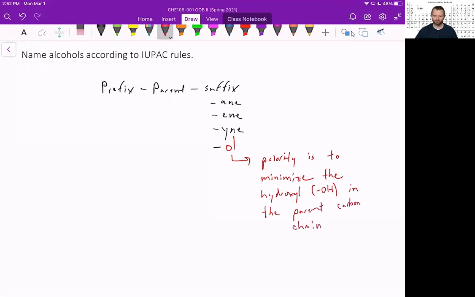Okay. And the other rules should be familiar or similar. The rules, how you go through the process of naming, is going to be similar to how you name other compounds that you've named already.